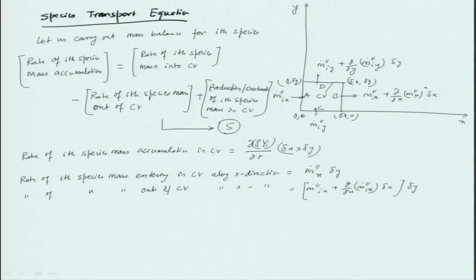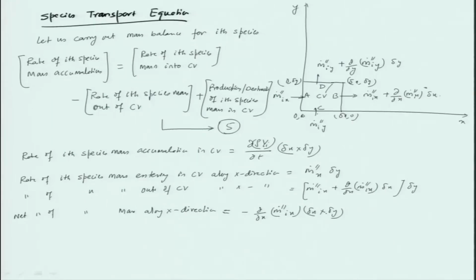So, if you look at the net rate of ith species mass along the x direction, what would it be? I have done the same thing earlier. So, it will be minus dou by dou x of the mass flux I_x times delta x into delta y. Yes or no? Is it okay?